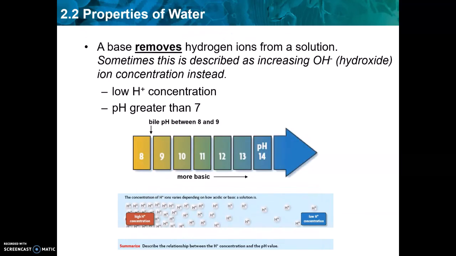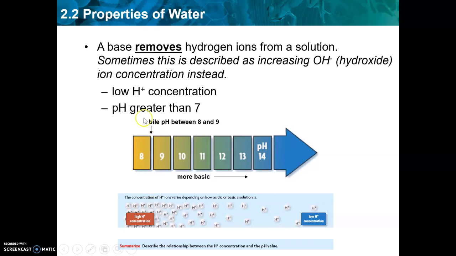Now, if you think about bases, on the other hand, they do the opposite. They remove hydrogen ions from a solution. So instead of having a lot of hydrogen ions all built up, if you add a base to water, that base is going to absorb hydrogen ions and remove them from the solution.